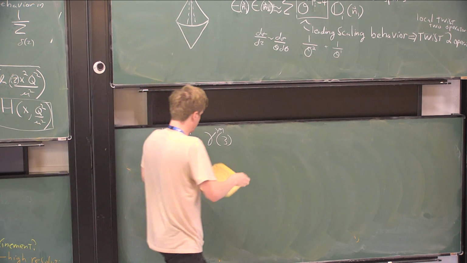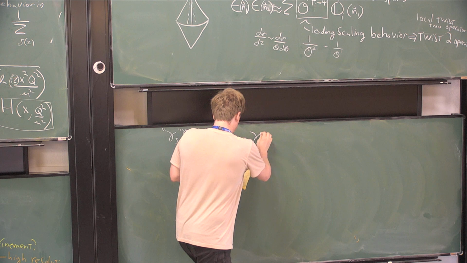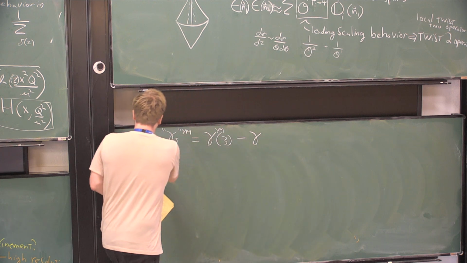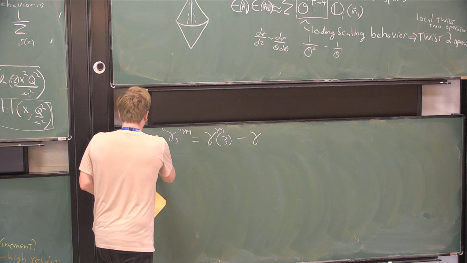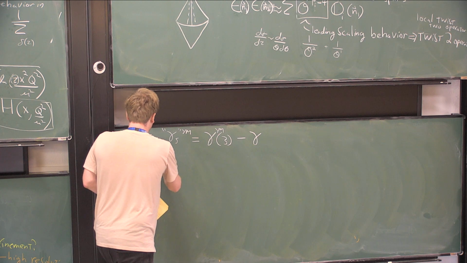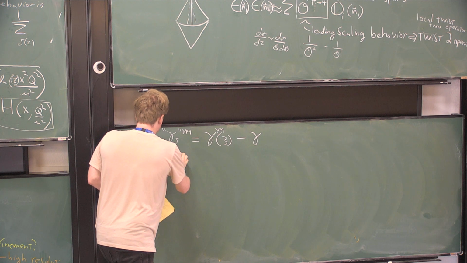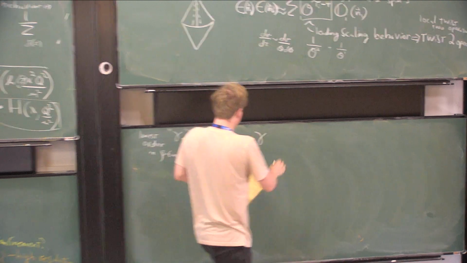But then you get corrections. So if I do this, this is just the lowest order in the beta function. You get corrections.